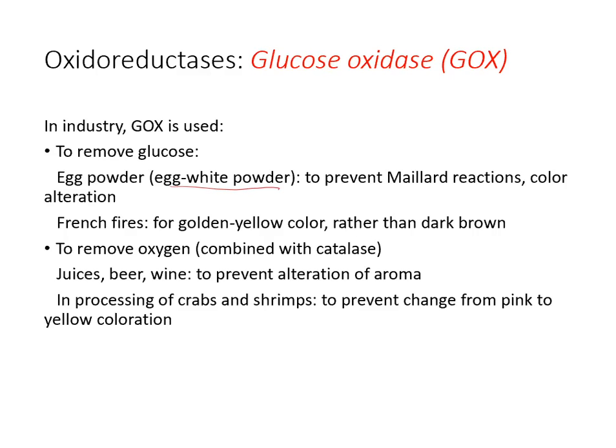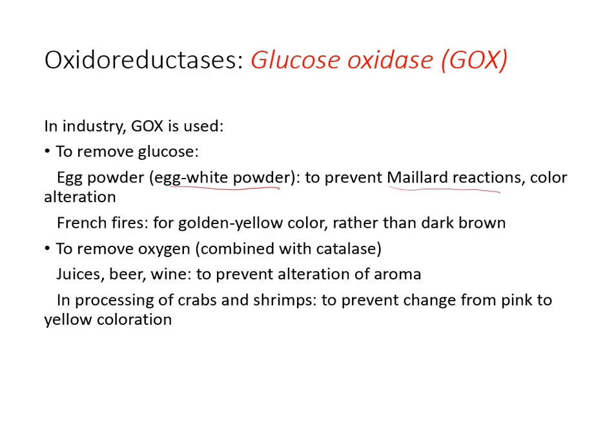By removal of glucose, the Maillard reaction is prevented, which is responsible for discoloration of the product. Similar use of glucose oxidase for some meat and protein products would enhance the golden yellow color rather than the brown color of potato chips or French fries, which is obtained in the presence of excess glucose.